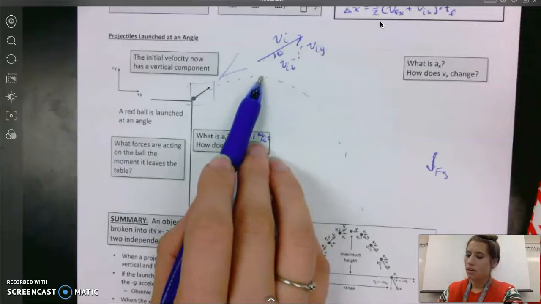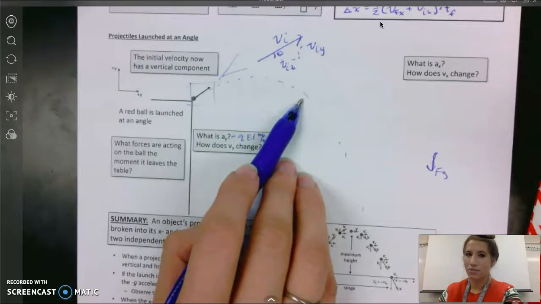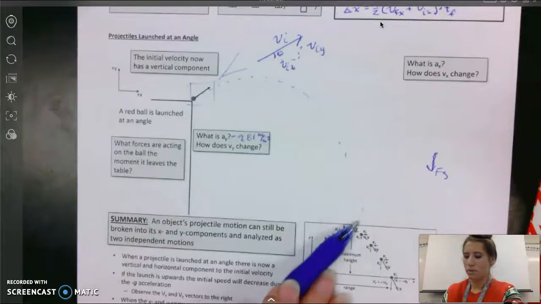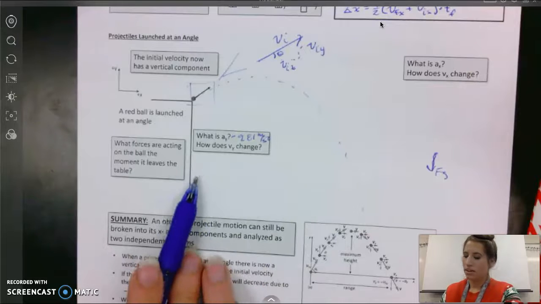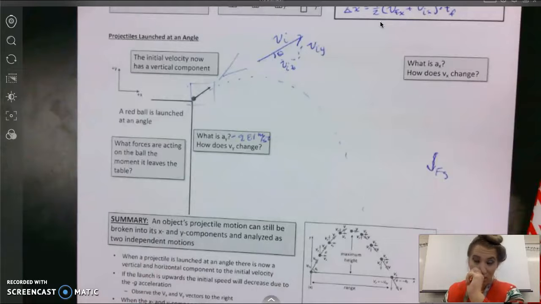Then we start increasing our velocity in the negative direction because of that negative acceleration, and we speed up as we hit the ground. That's how our y velocity changes.